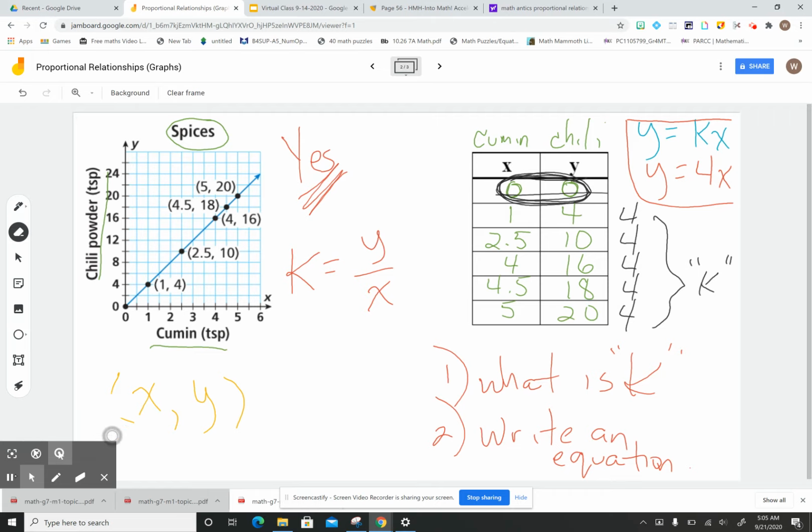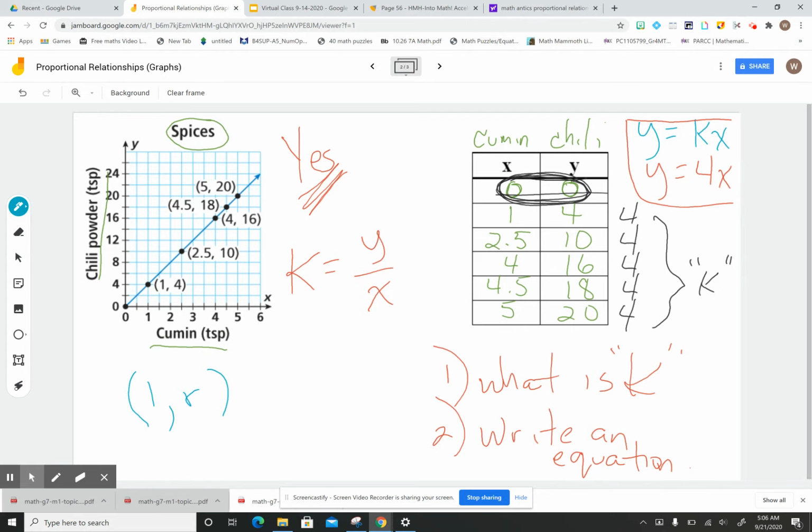In your unit summary, it states that in a graph, when X has a value of 1, the Y value is your unit rate.